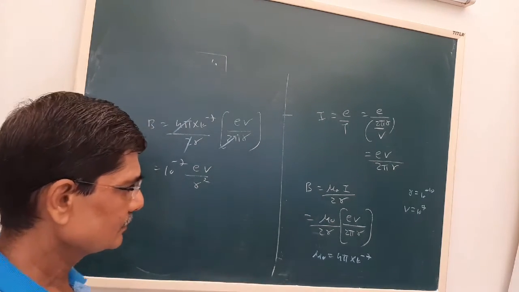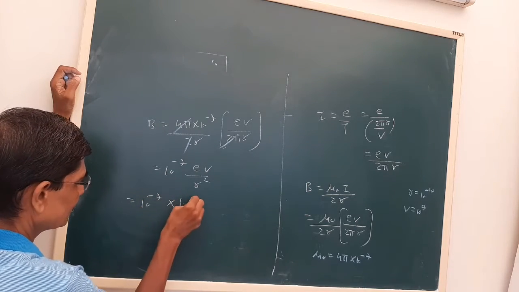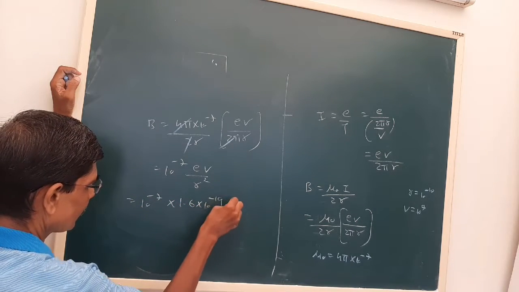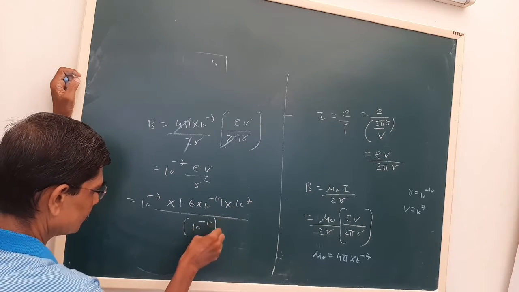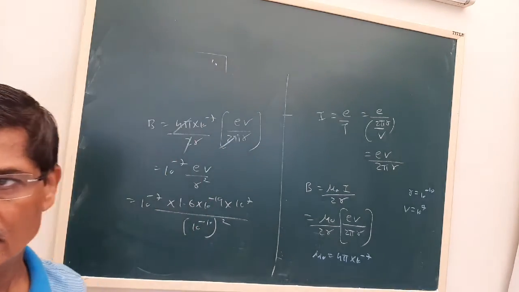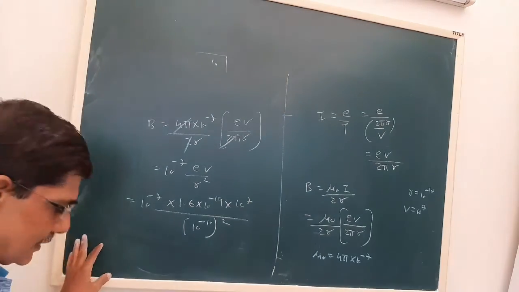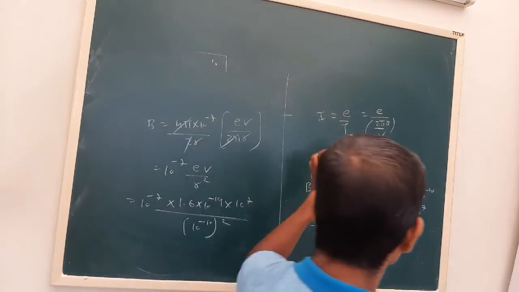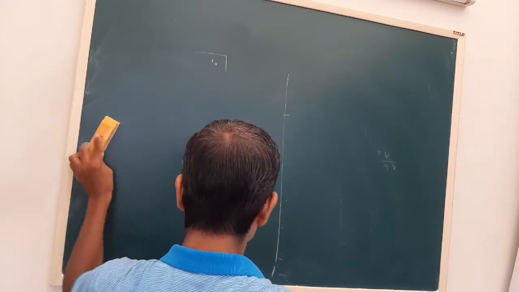Now we can substitute the values: 10 to minus 7, E charge of the electron, V is 10 to the 7, R is 10 to the. Okay. Now by substituting the values you can obtain the value of the magnetic field at the center. So this is how we can use the equation we derived in MCQ or numerical.